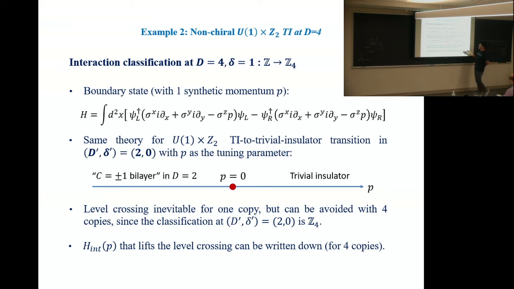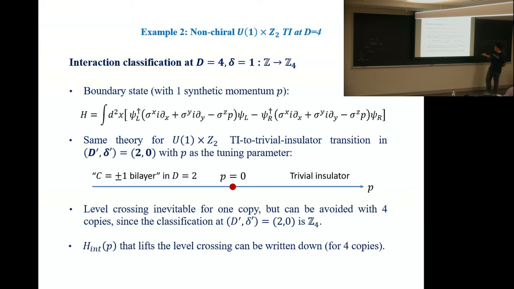Because we already know that in this case the classification is reduced to Z4, this means that for 4 copies of the system, the phase transition can be avoided. This means that the p equals 0 point can be gapped out without any degeneracy.